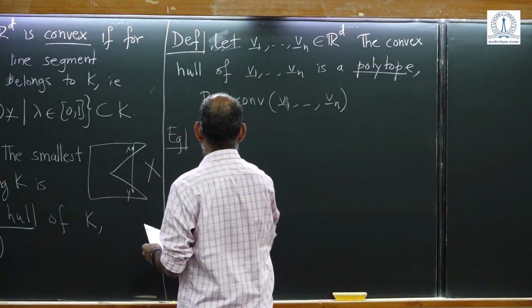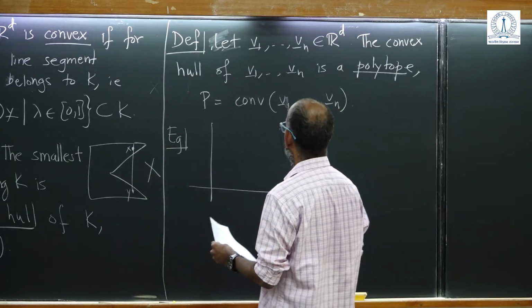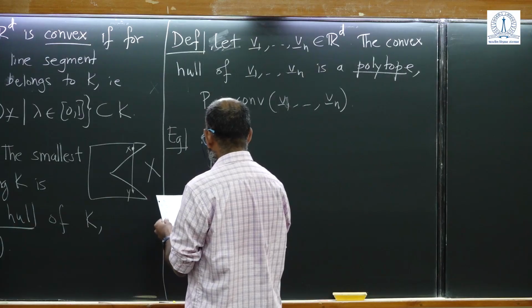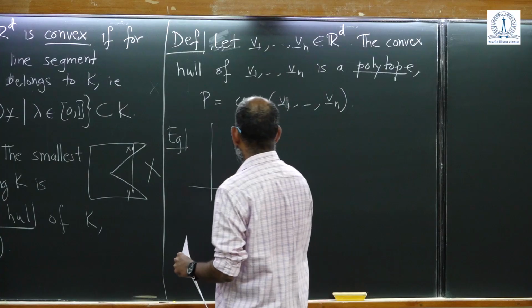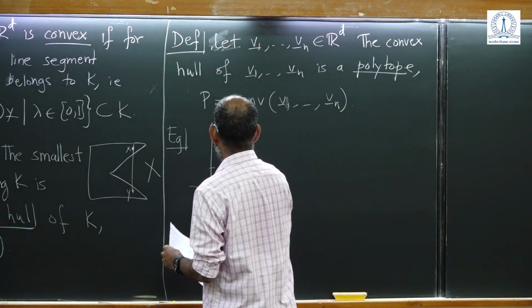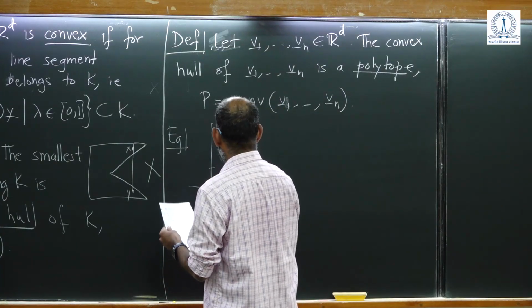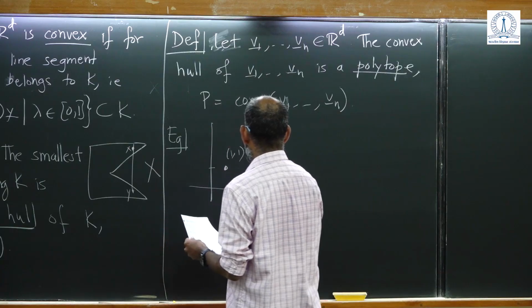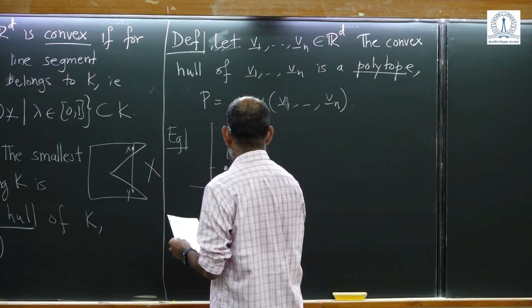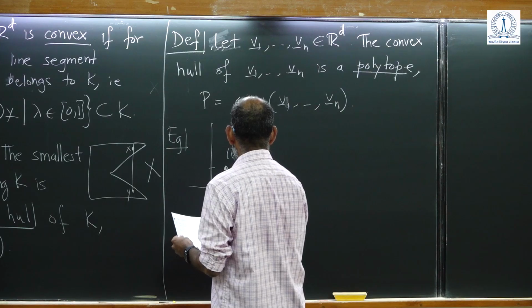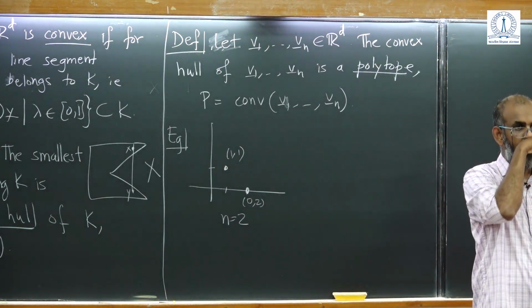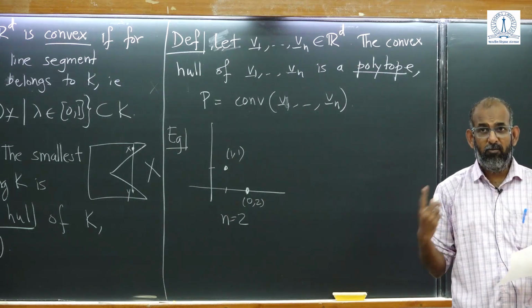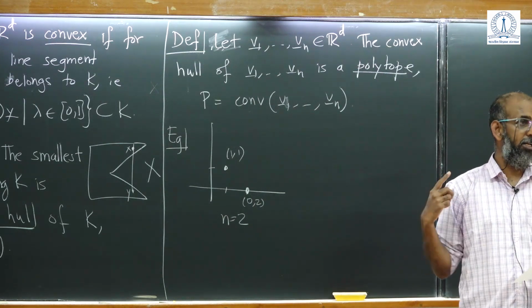So let's first take n equal to 2. We'll work in R^2. So this is the point (1, 1), and this is the point (0, 2). What is the convex hull of these two points? It's the smallest convex set containing those points.